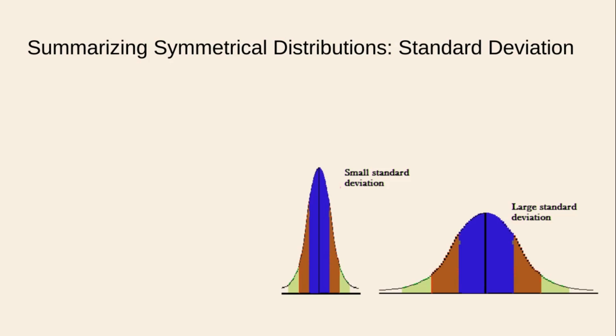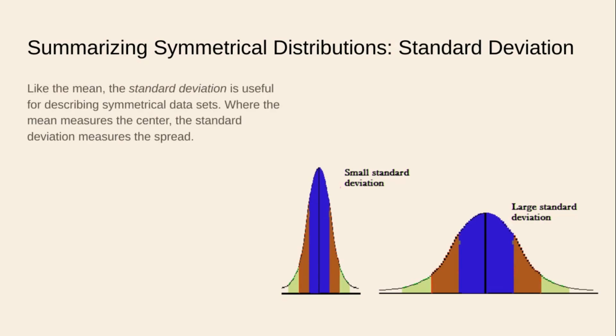Standard deviation is like that, except it takes the idea of a mean and runs with it. Like the mean, the standard deviation is useful for describing symmetrical data sets. Where the mean measures the center, standard deviation measures the spread of a set of data, how variable the data are. Remember, statistics is all about variation.